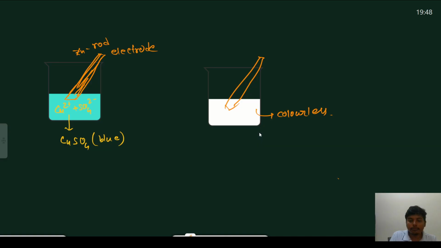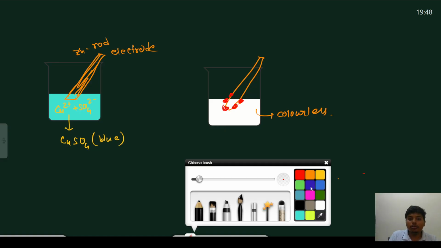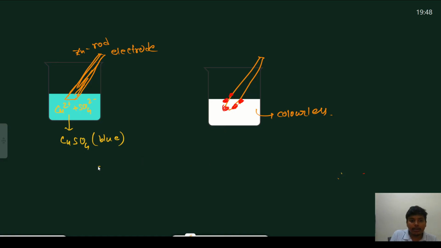Understood? And one more thing, in the side of this zinc rod, you will see some reddish brown color substance. Now what happened here actually? Here we are taking solid zinc. So zinc becomes Zn2+ and gives 2 electrons.